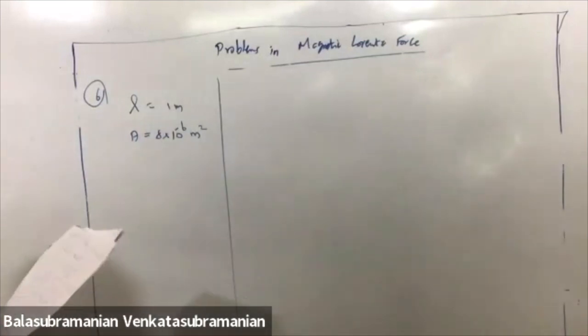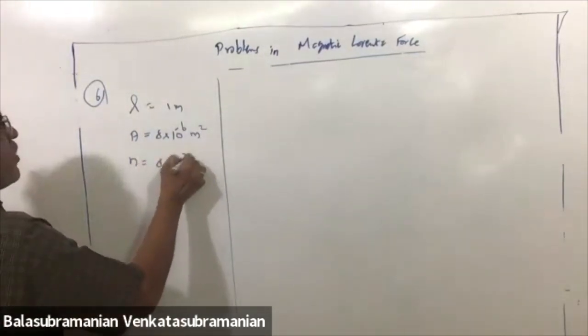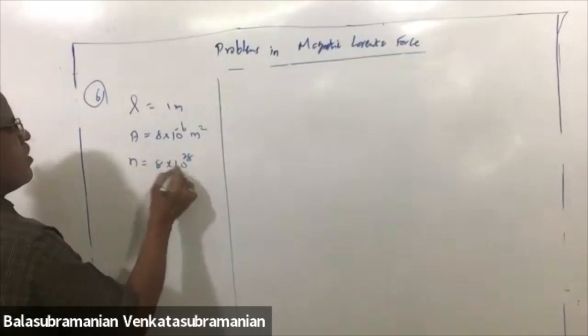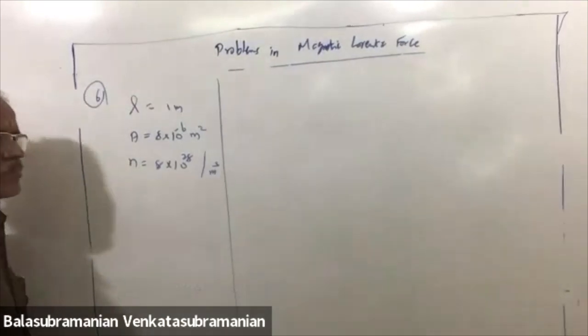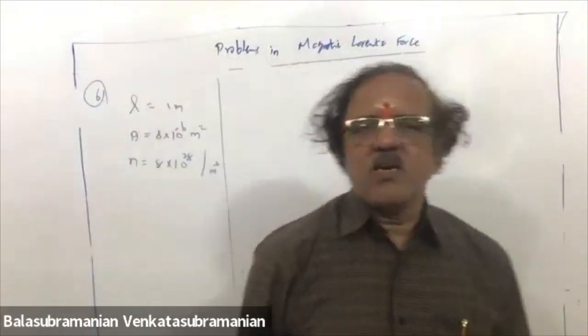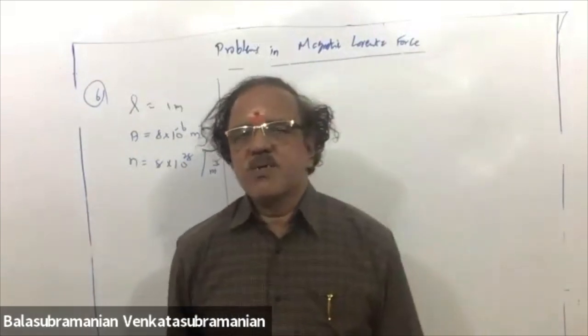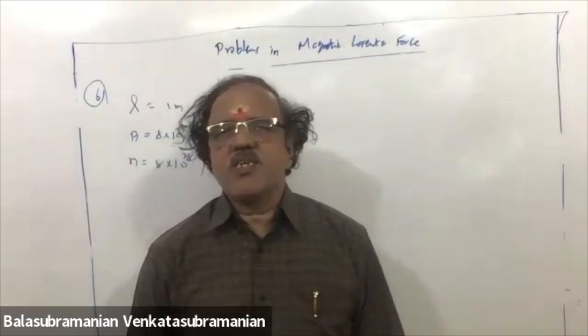Okay. Then number of electrons 8 into 10 power 28 per meter cube. Charge is not given directly. From this, we have to calculate the total charge.